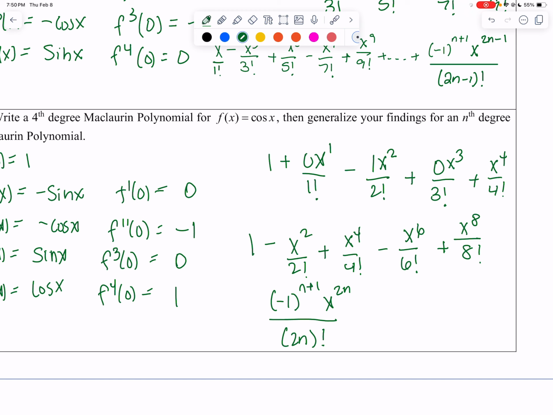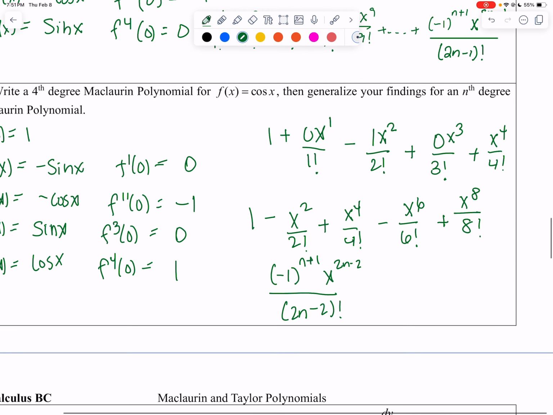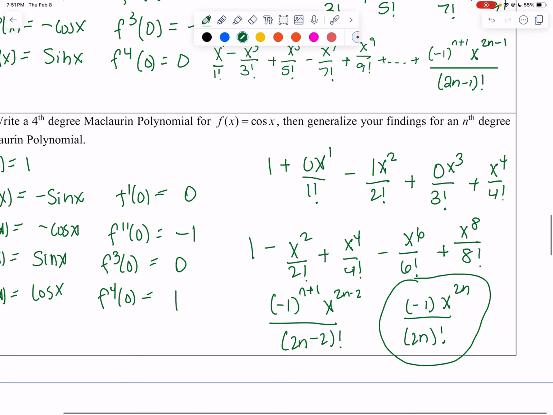Well, that one's kind of easy because we're just going to do 2n minus 1 right here. Or technically 2n minus 2. So let me actually write it like that. 2n minus 2. And then this one, same thing, 2n minus 2 factorial. That's if I'm starting with my first term. Obviously, this one right here works, and I kind of prefer this way, just so that it's simpler for you.